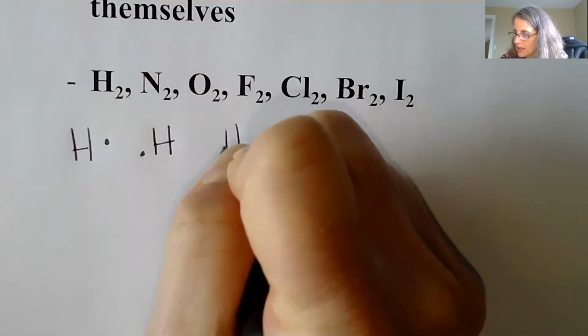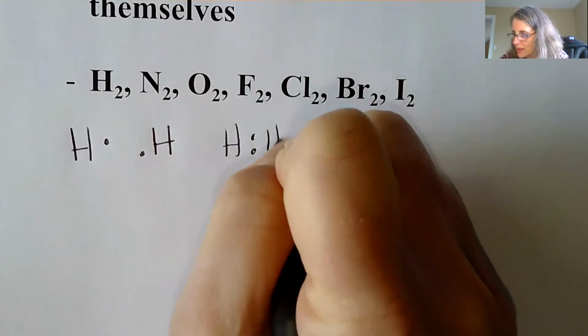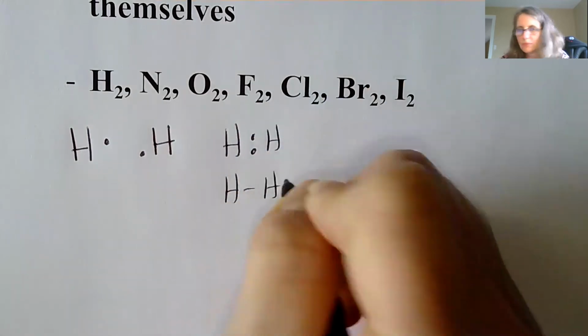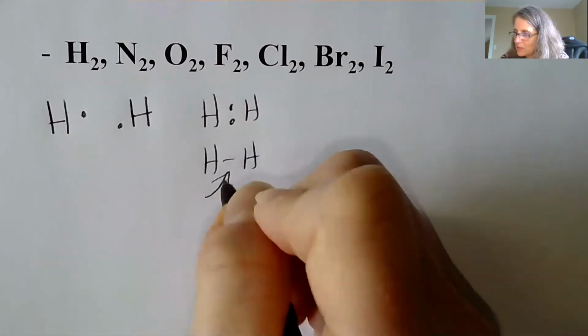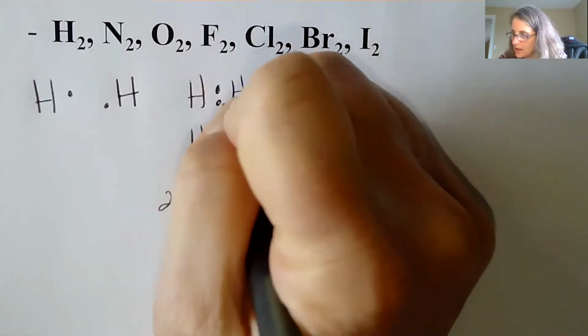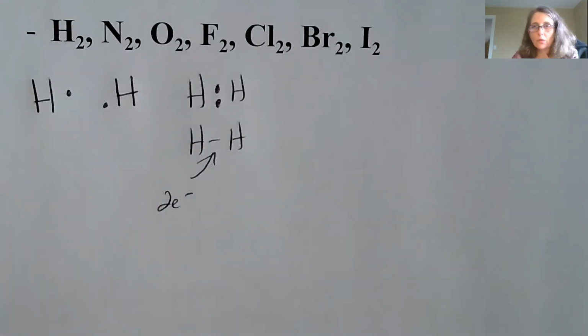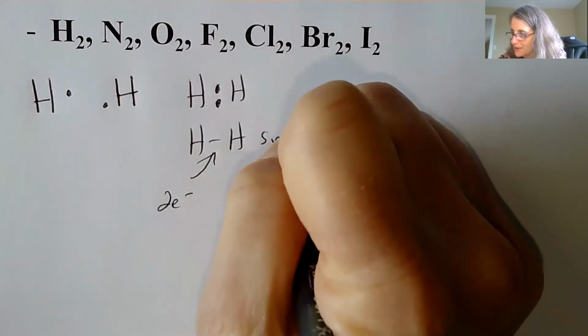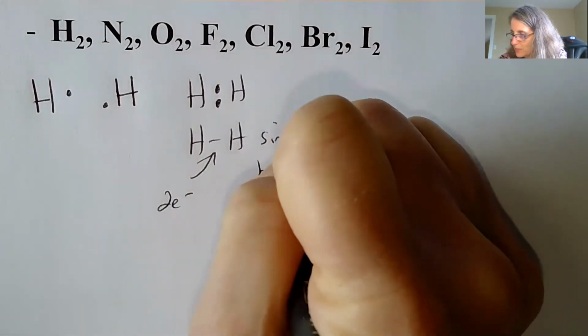So I could draw it as 2 dots being shared between them, or I could draw a line between them. And again, a line in chemistry means 2 electrons. Depending upon what you like to do, dots or lines, that is showing essentially a bond. So this is what we call a single bond, a single covalent bond.